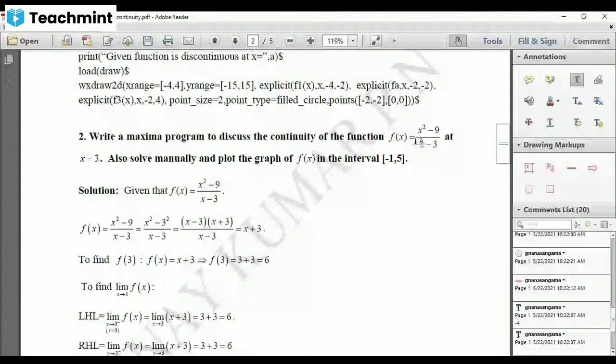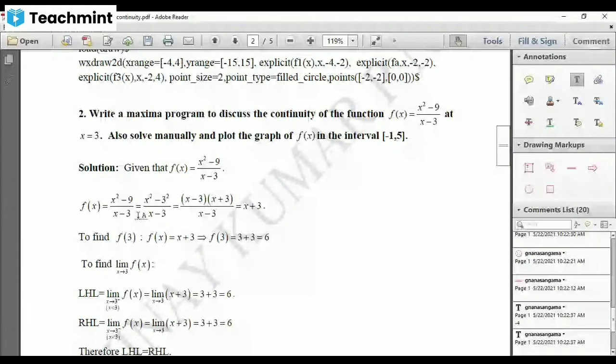All right, now let us find out f of a. Before entering into this, see what is your a? 3. If you give 3 here, 3 square minus 9, 3 minus 3. 3 square is 9, 9 minus 9 is 0. 3 minus 3 is 0. 0 by 0 is indeterminate. So you'll get indeterminate if you apply it straight away.